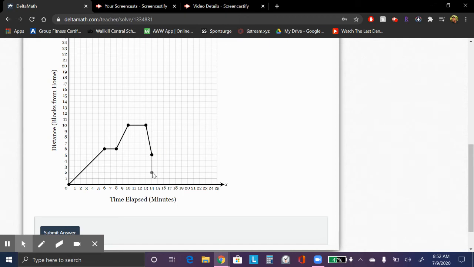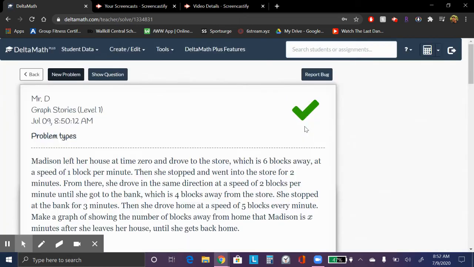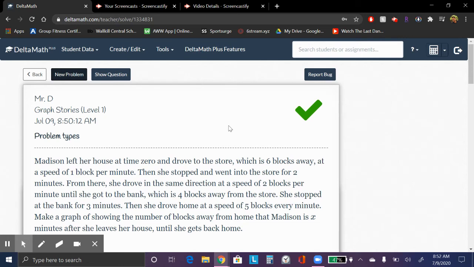Let me see if this works. 1, 2, 3, 4, 5. Nope, one more per minute. See if this works. And it's okay to have those dots in there in the middle. Yeah, good. All right, let's look at one more scenario.